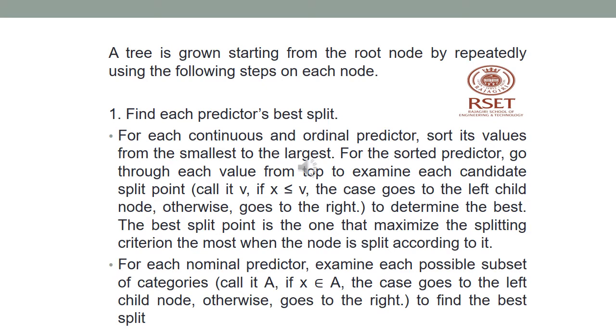The best split point is the one that maximizes the splitting criterion the most when the node is split according to it. For each nominal predictor, we examine each possible subset of categories to find the best split. So for a continuous predictor it is different, and for a nominal predictor it will be different.